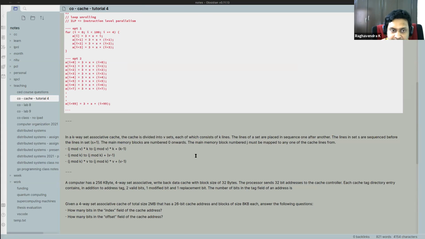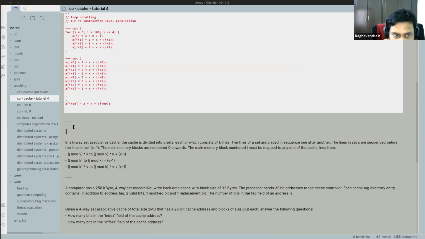Okay, so it's like this. Let's say I have these empty boxes. This is line 1. I can store block 1 here, block 2 here, block 3 here, block 4 here, and so on and so forth, right?